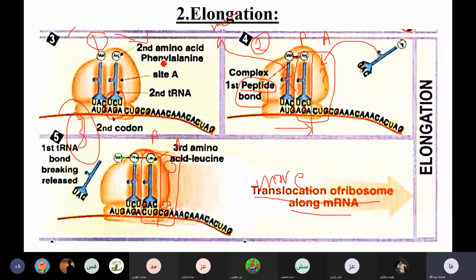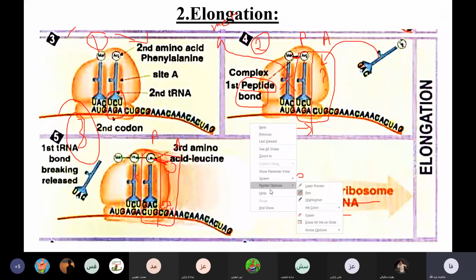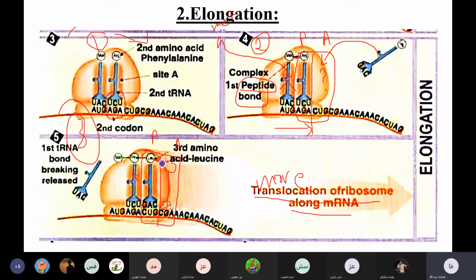A peptide bond will be formed between these two amino acids, meaning between the whole peptide and this new amino acid. Okay, and it's time for the ribosome to move one codon. I will change the ink color.